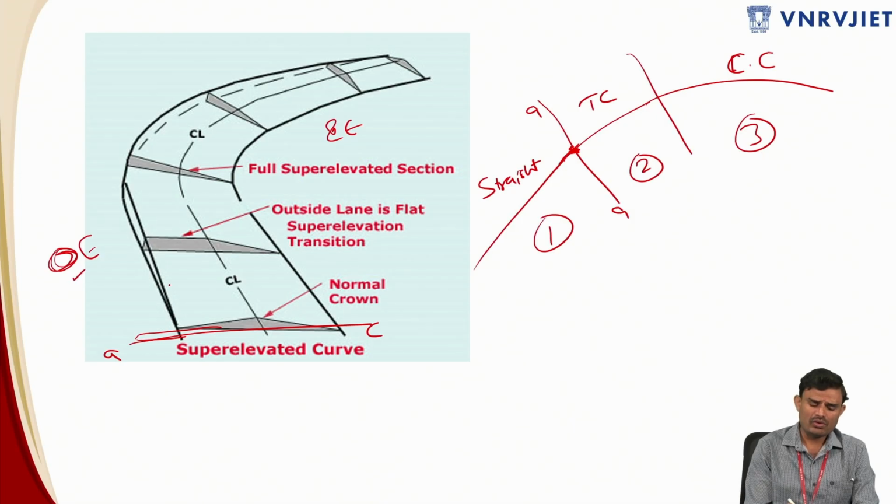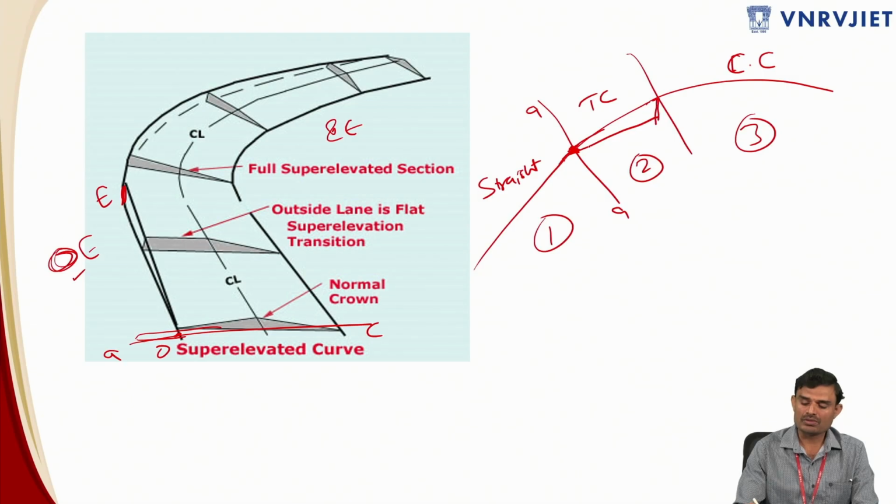So you can see that the superelevation is not suddenly provided at the junction of the circular curve. You are not introducing the full amount of superelevation just at the start of the central curve. We introduce it slowly, from 0 to capital E, and that happens in the transition curve.